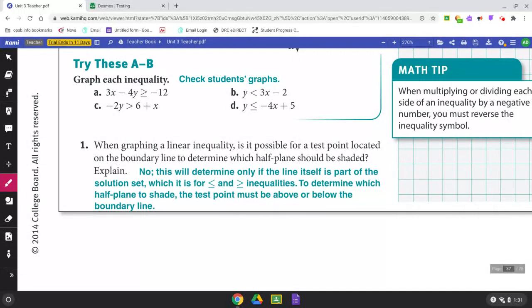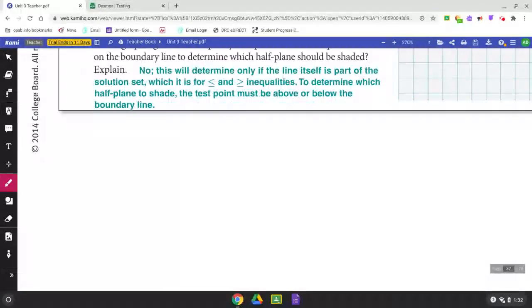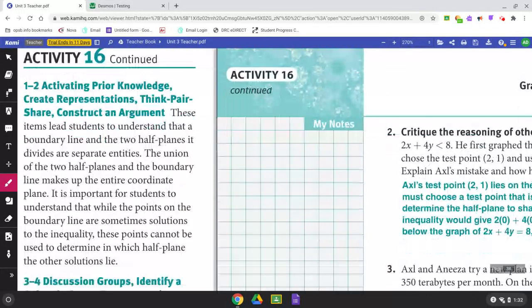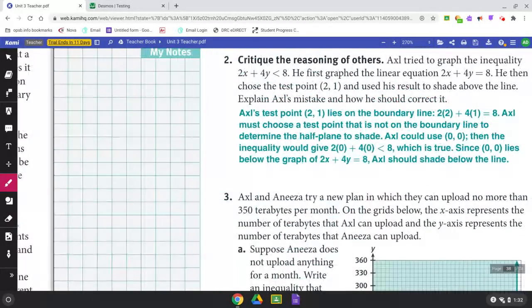And if you get a false statement, it would be dotted. But as far as the shading goes, you cannot use a point on the boundary line. This will determine only if the line itself is part of the solution set, which it is for less than or equal, or greater than or equal. To determine which half plane to shade, the test point must be above or below the boundary line and clearly in one of the half plane regions.